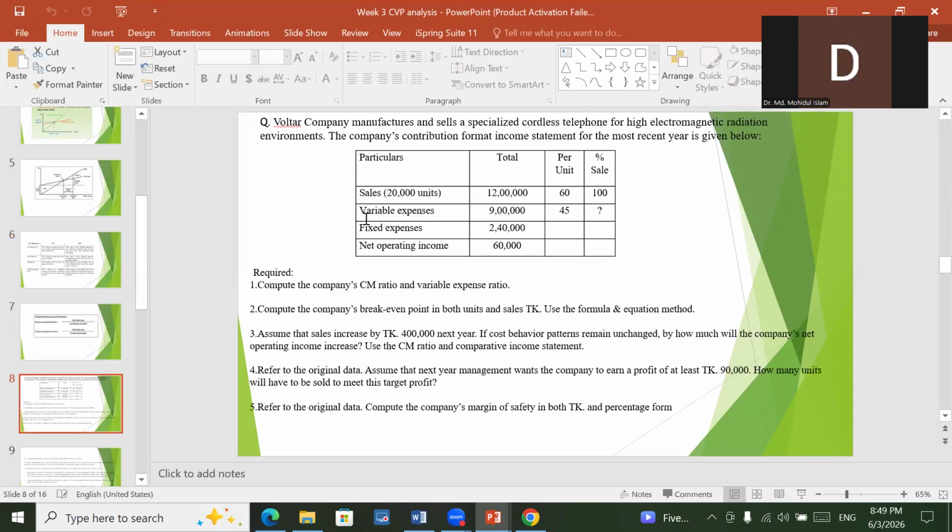The mathematical problems. CVP analysis involves mathematical problems. To solve the mathematical problems, you have to memorize some formulas. Otherwise, you cannot solve these mathematical problems. But in the solution pattern, in the solution place, the formula is clearly mentioned.